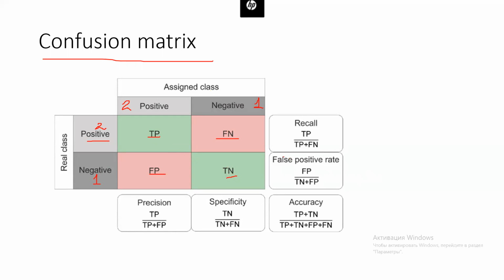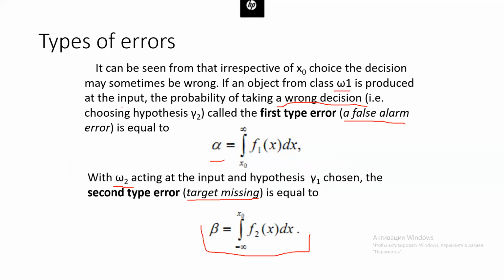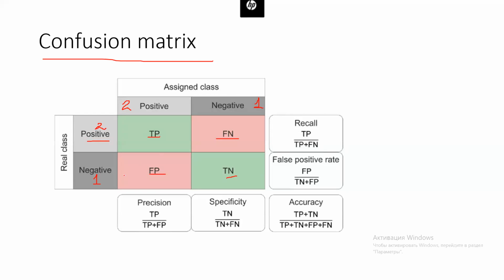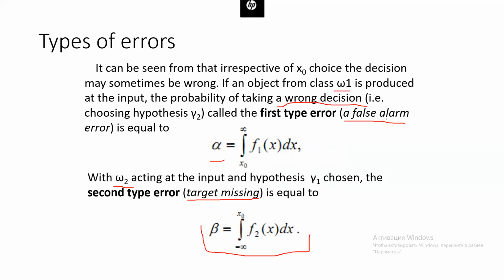And now you need to estimate false positive and false negative. False positive is the number of objects from the first class which were classified as second class. And if we go back to the definition, you will see that it's the first type error, our false alarm.